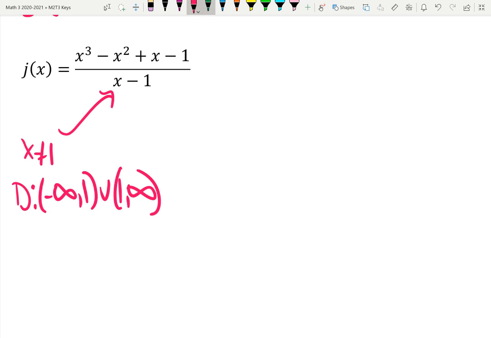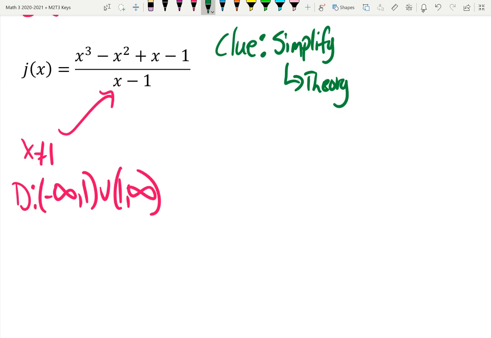Now there is a clue that's given to you. I'm telling you to simplify. So my theory is there is going to be an x minus 1 as a factor.